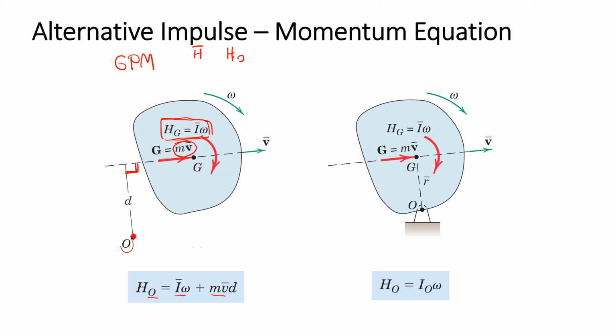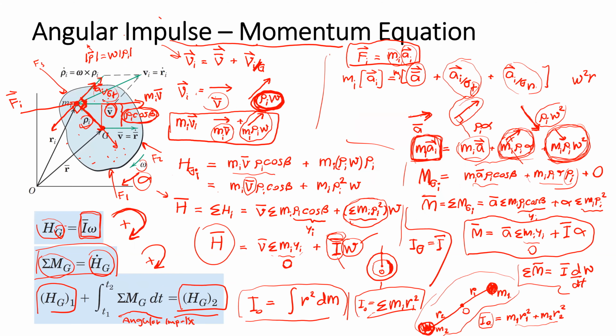Before this, if we consider point G as reference, the angular momentum about point G is simple, equal to I bar, the moment of inertia about point G, multiplied by omega.